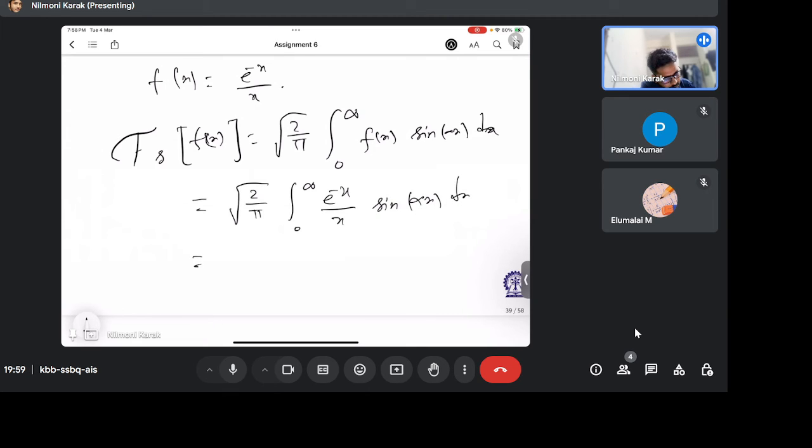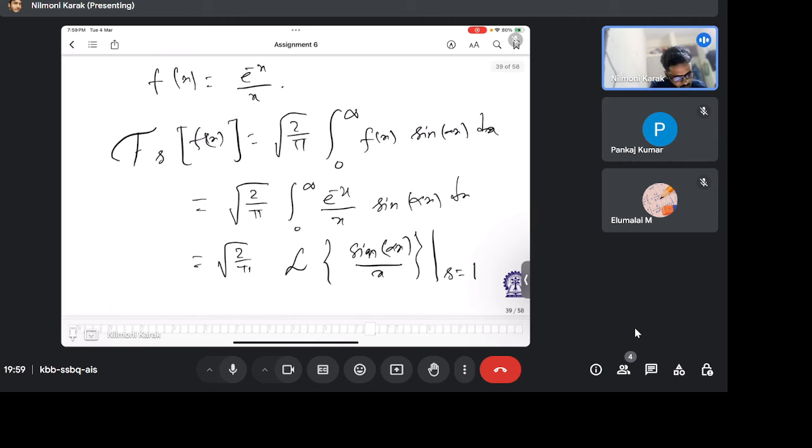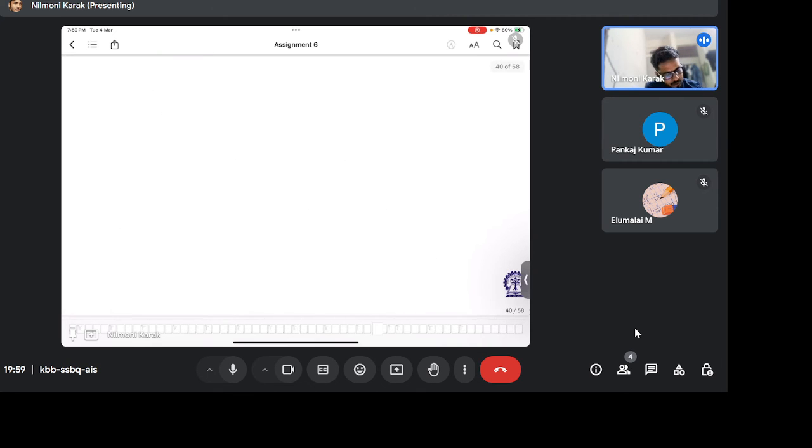So it is simple, right? So if you see root 2 by pi, this is the Laplace transform of sin alpha x divided by x at s equals 1. Okay, similar to the previous problem, so it is already given what the Laplace transform of sin alpha x by x is.